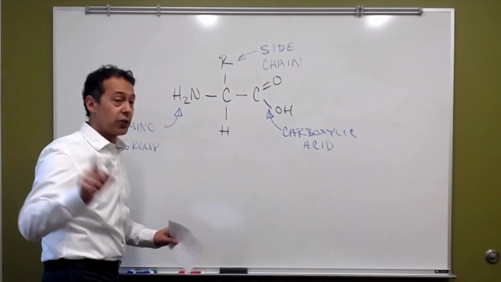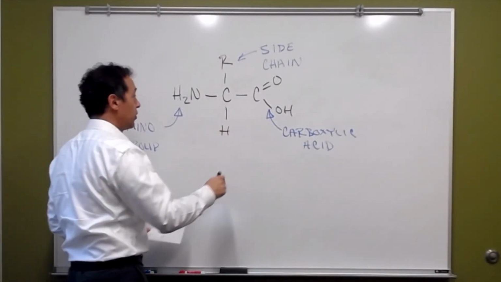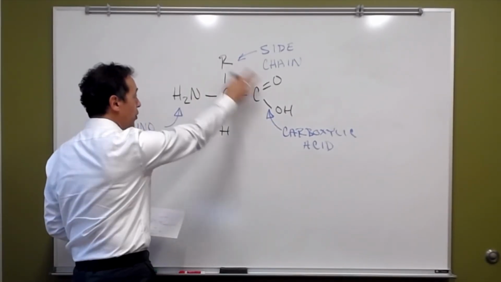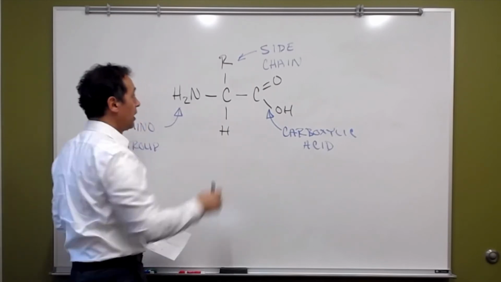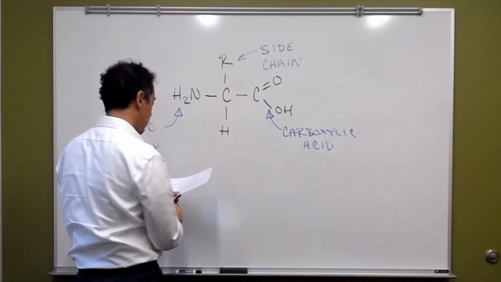Now, you might also recognize that this carbon here is special, and that's because it has 4 unique things attached to it. So that would make this carbon here chiral.